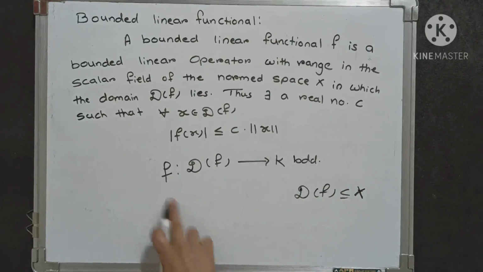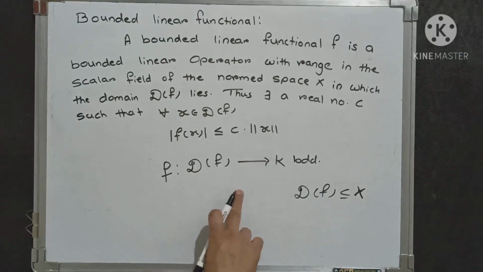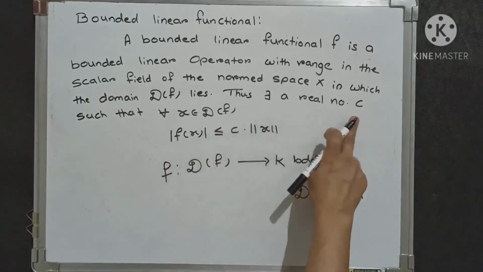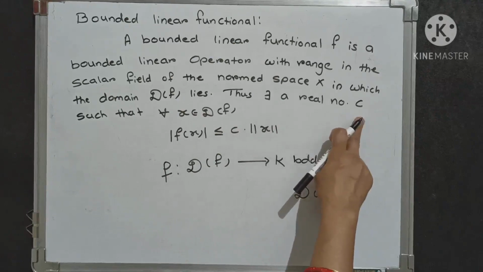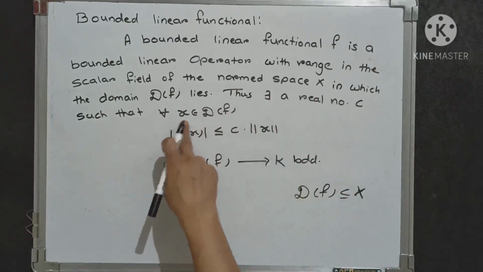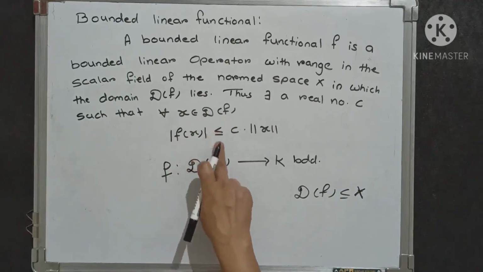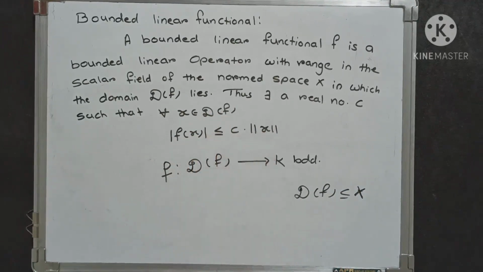That means F is a bounded linear functional if and only if F is a linear functional with the condition that there exists a real number c such that for every x belonging to script D of F, mod of F of x is less than or equal to c times norm of x.